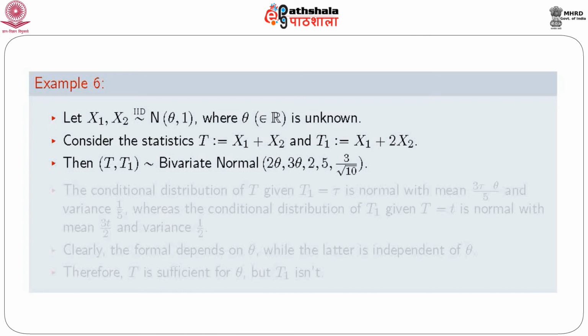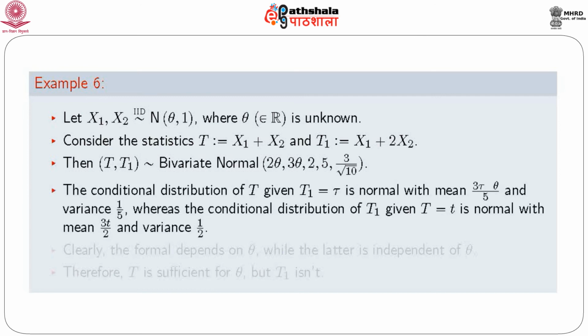The joint distribution follows from the fact that the distribution of any linear combination of T and T1 is univariate normal, and so the joint distribution is bivariate normal. From the theory of bivariate normal distribution, we know that the conditional distribution of T given T1 equals some tau is normal with mean (3 tau minus theta) by 5 and variance 1 by 5, whereas the conditional distribution of T1 given T equals small t is normal with mean 3t by 2 and variance half.